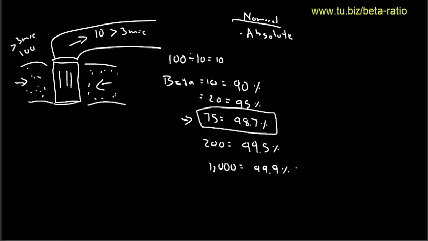Now, some people in the industry say that once you reach beta 75, anything above beta 75 is considered efficient. Some people care about it, and some people don't care too much about it, or they think it's mostly marketing language, you know.